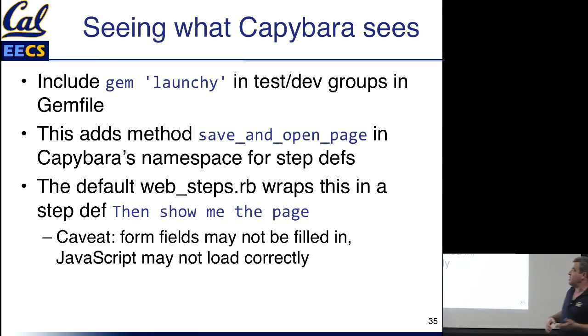And the only thing that step definition does is it calls save and open page. So if you're developing a scenario and you can't figure out why it is not working the way you expect, and all you're getting is the error message from Capybara that your assertion failed, use the launchy gem and actually see what Capybara is seeing, and then you can view source. I mean, you could do everything that you could do if the page was live in the browser, because it does in fact open up in a browser.